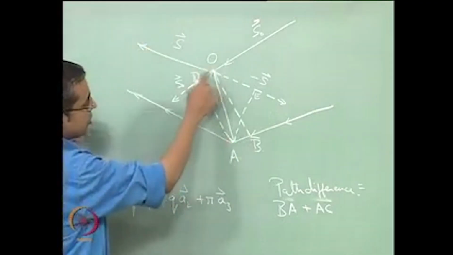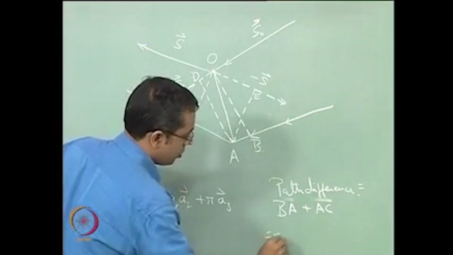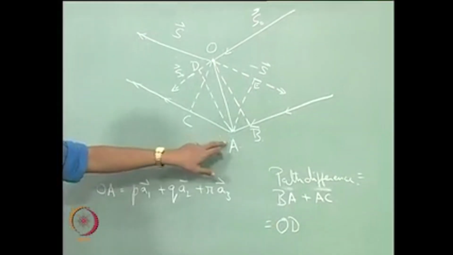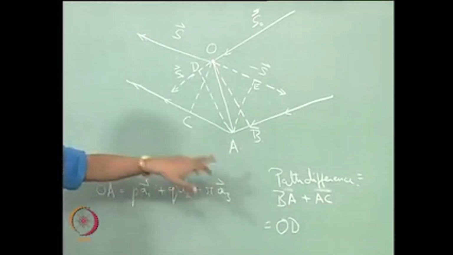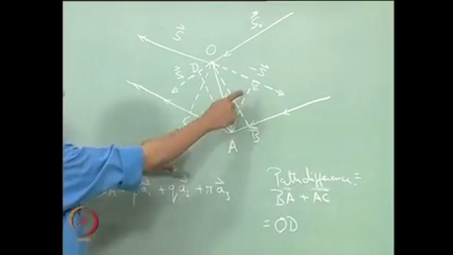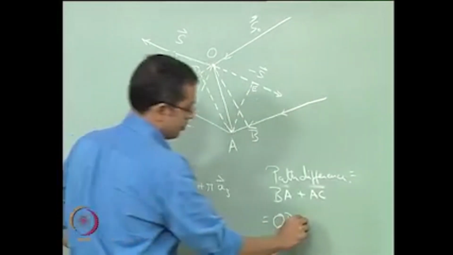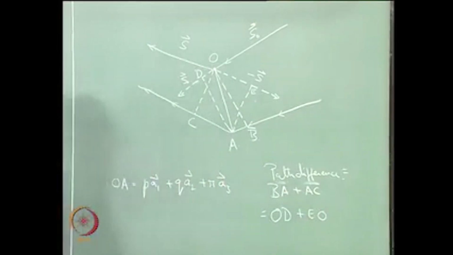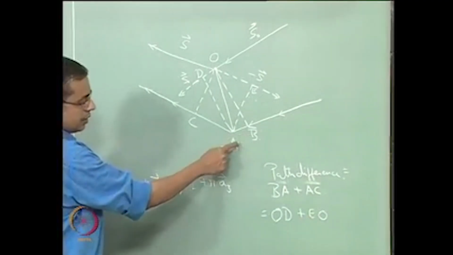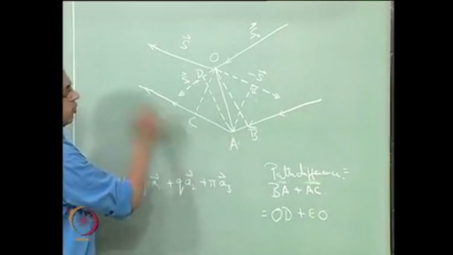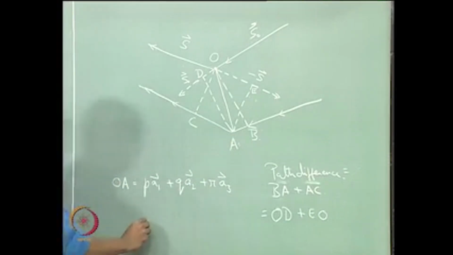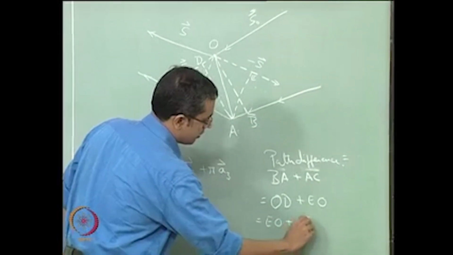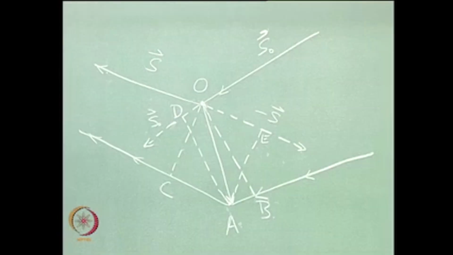B to A is the same as O to D, so this is equal to OD, and AC is here, A to C, it is the same as E to O. Right. So BA is OD and AC is EO. Okay, so therefore the path difference is simply EO plus OD, the same thing. So this is the path difference.